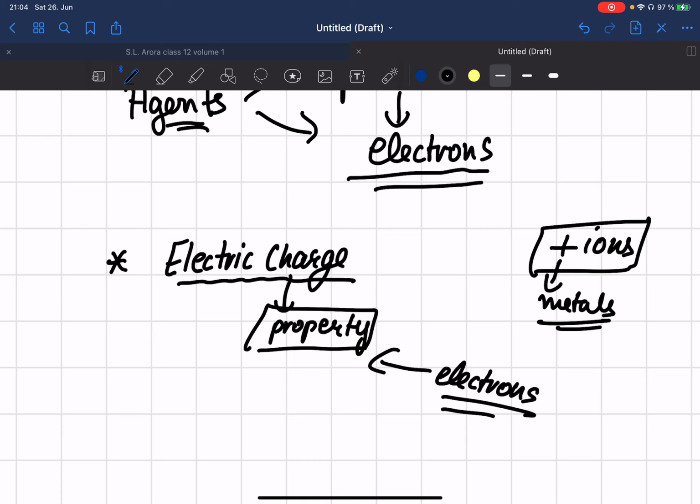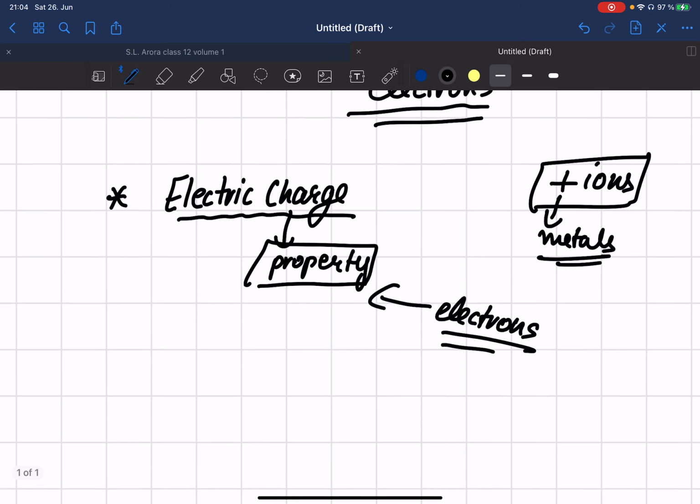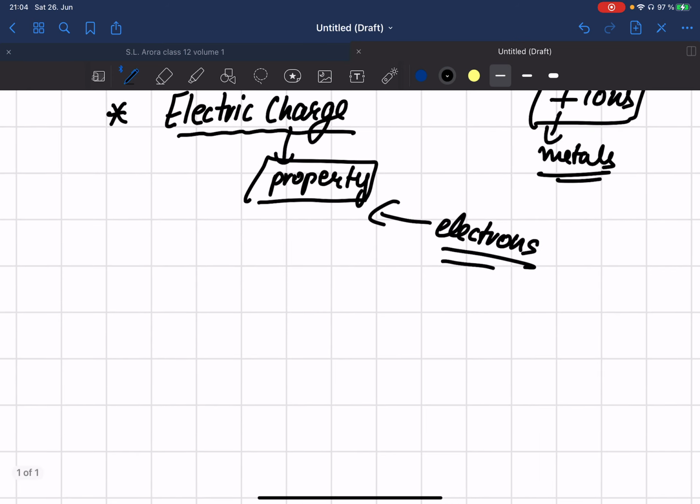For example, you, me, the phone you are watching this on, the laptop, the books you see. We learned it in seventh, eighth or ninth class, maybe, that we are all made up of matter.